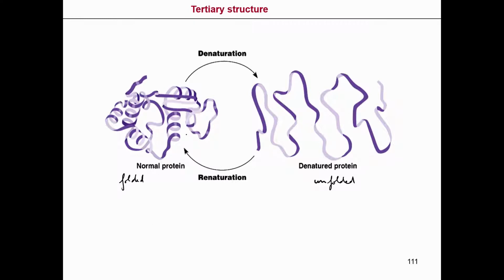It means that when you have stress, like temperature or the presence of alcohol and so on, you will break the weak interactions, but not the peptide bond. So you will have only the sequence of your protein. So denaturation involves the destruction of secondary and tertiary structure, but not the primary structure.